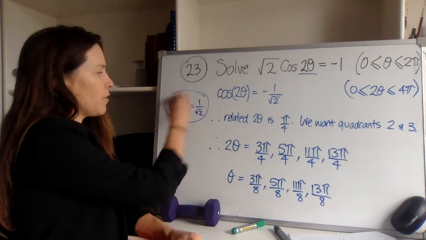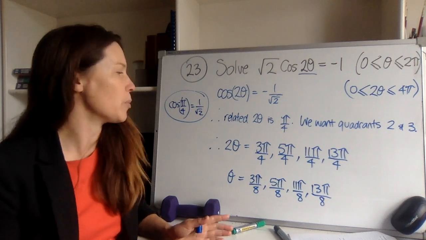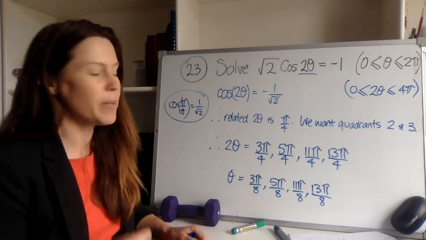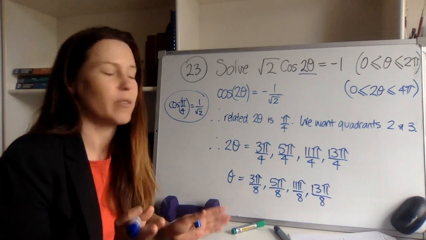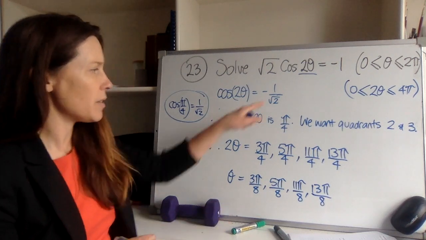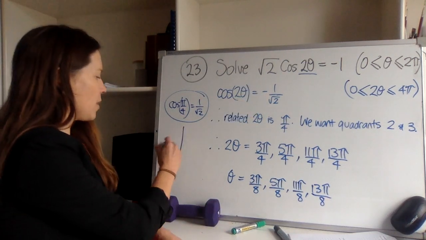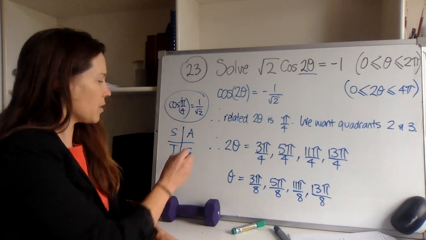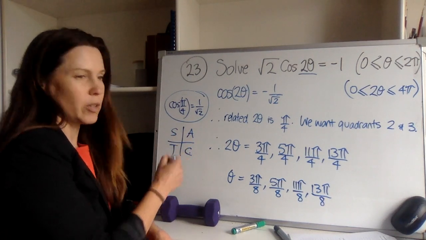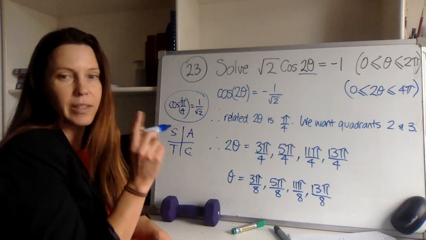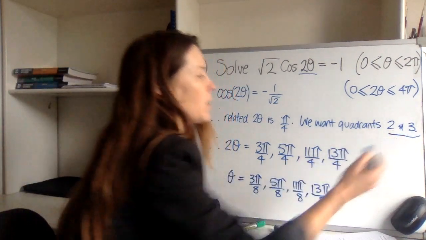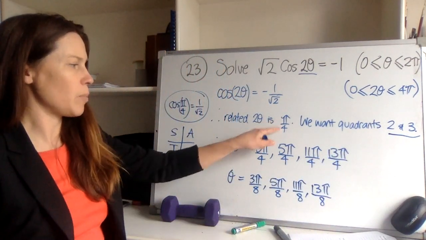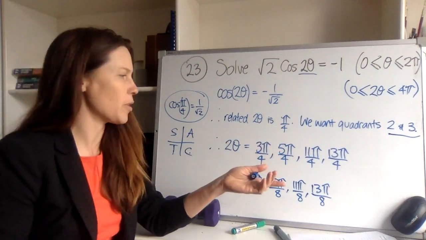And you can jot that fact down in the margin if you want to help you. So I know my answer is going to be a lot like pi on 4, but this negative tells me that when I think of my all stations to central, I know that cos is positive here and here, so it's going to be negative here and here in the second and the third quadrants.